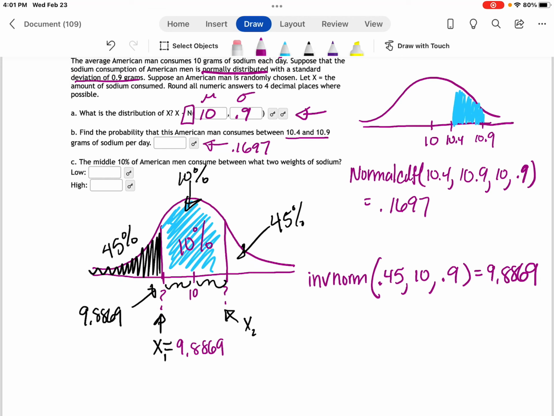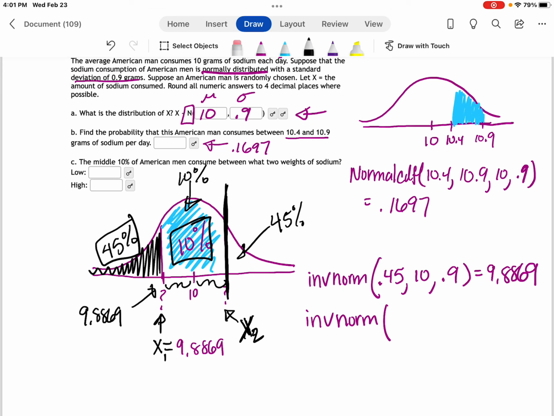The other way I could do it is by doing inverse norm again. But I have to take into consideration, if I'm looking for this second X right here, for X2, my percentile is now changed. The percentage to the left of X2 is now 55% because I've got this 45% plus this 10%.